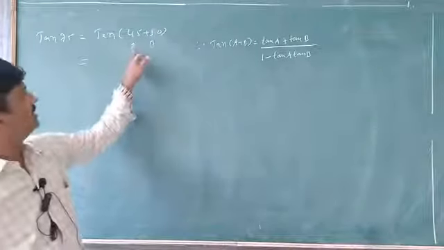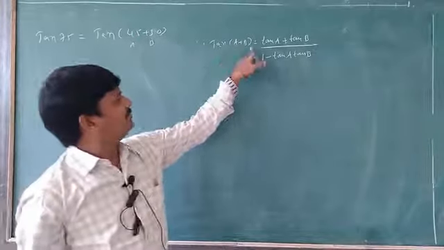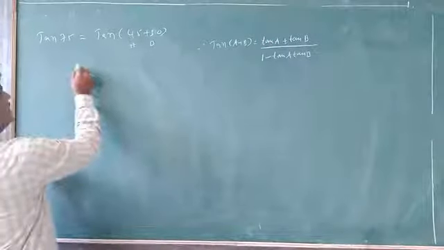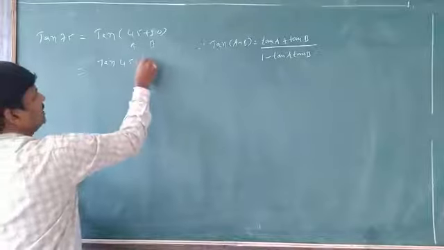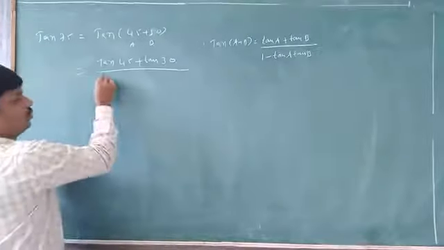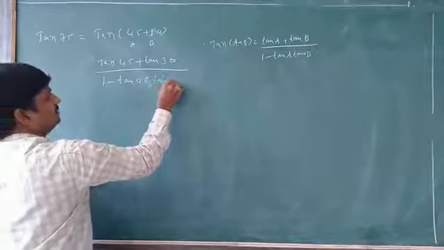Yes. So apply here. A means 45, B means 30. So what will we get here? Tan 45 plus tan 30 by 1 minus tan 45 tan 30.